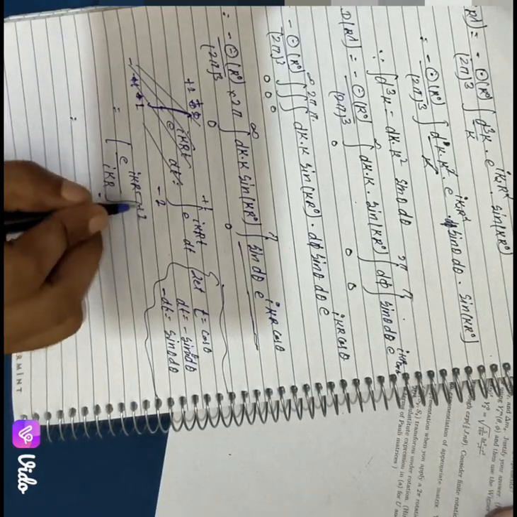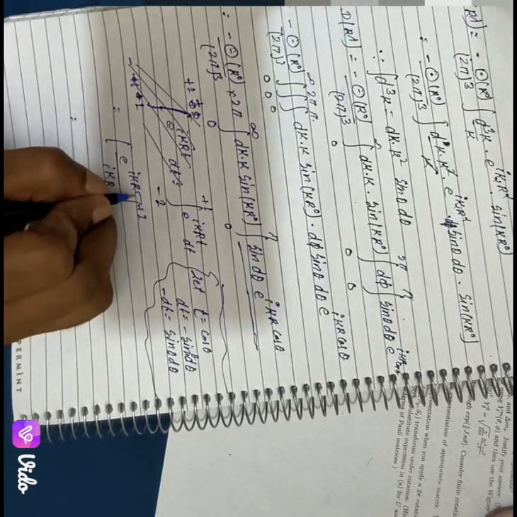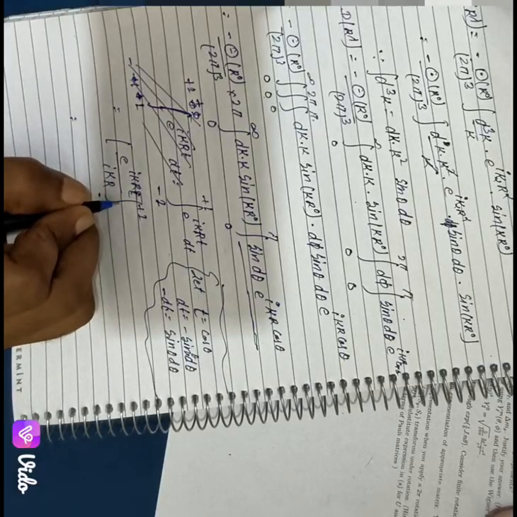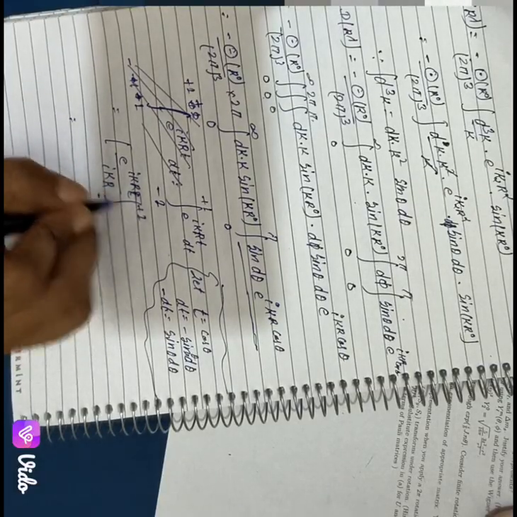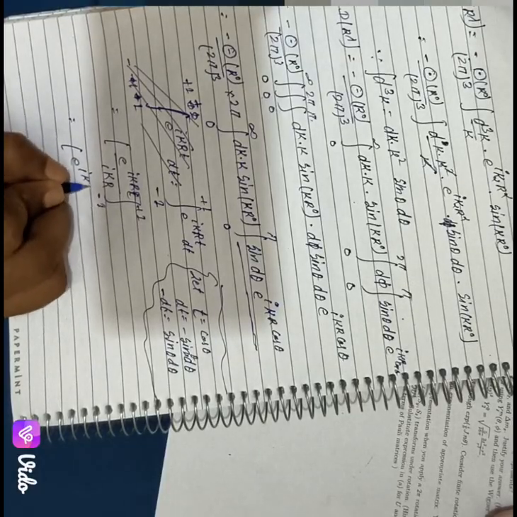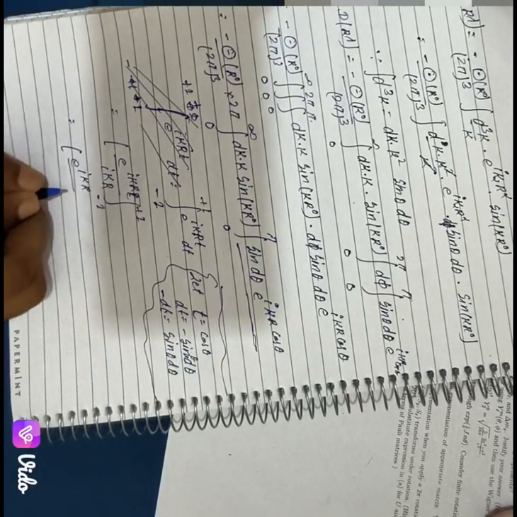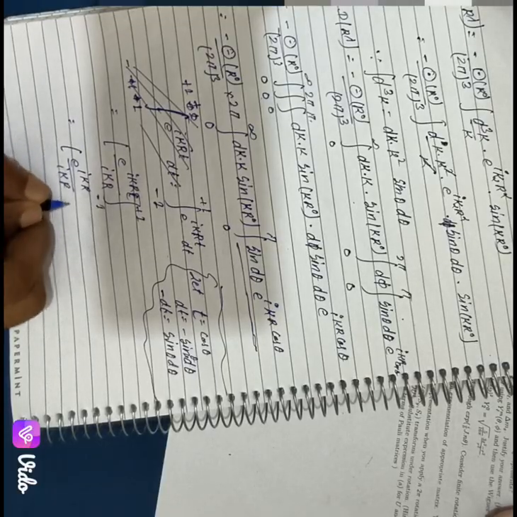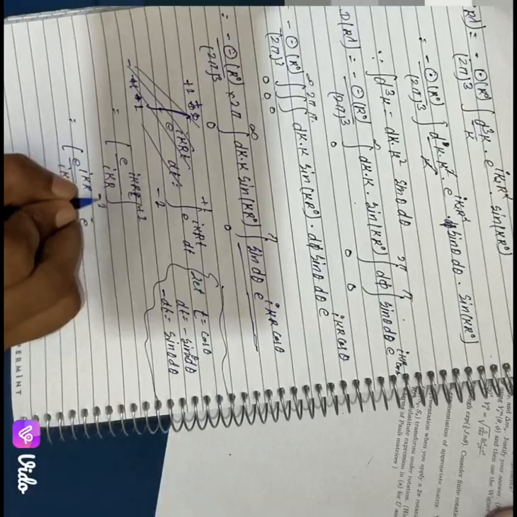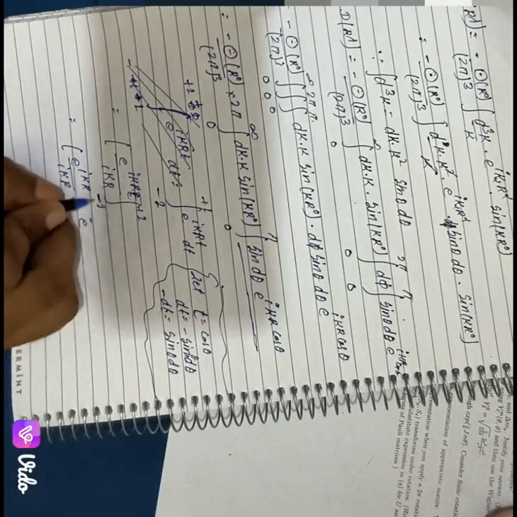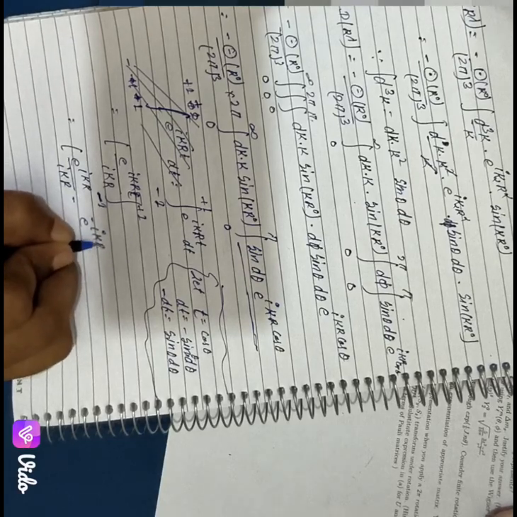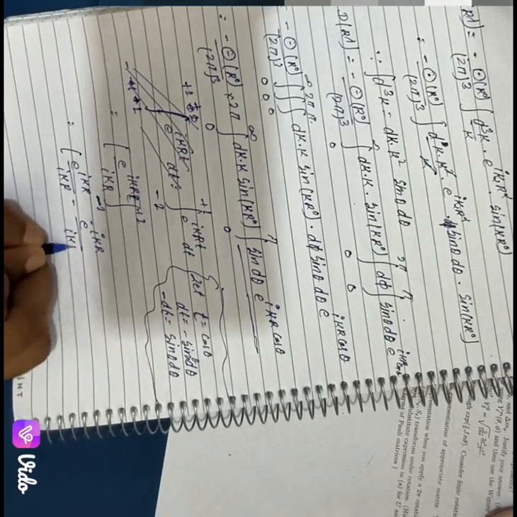Now after putting the value of t here, it will give e to the I k r upon I k r, minus, now put the value of the lower limit, e to the minus I k r upon I k r.